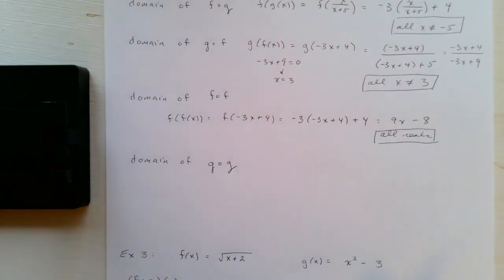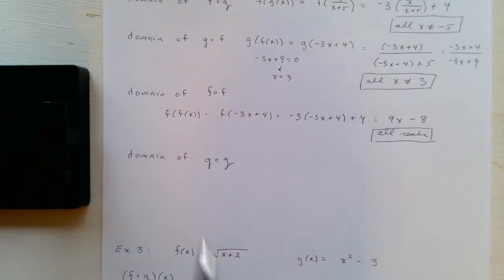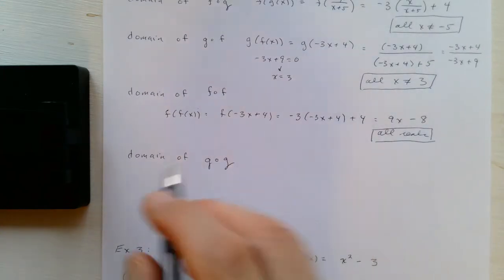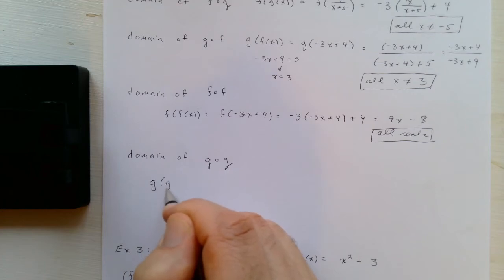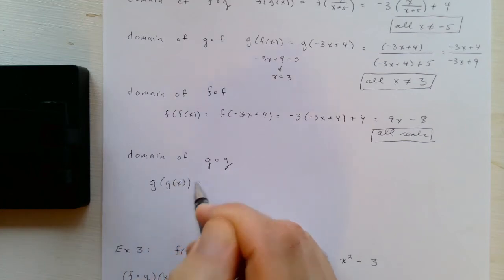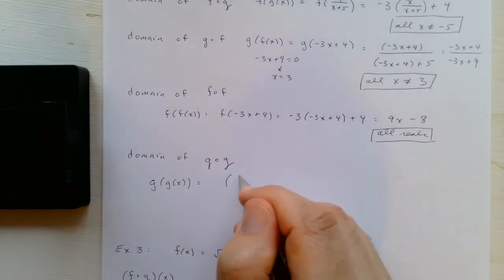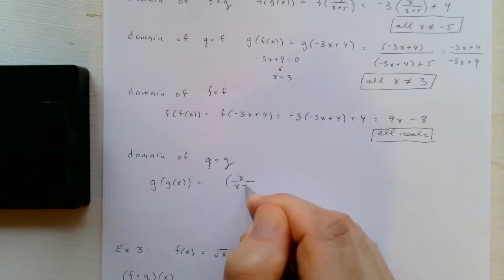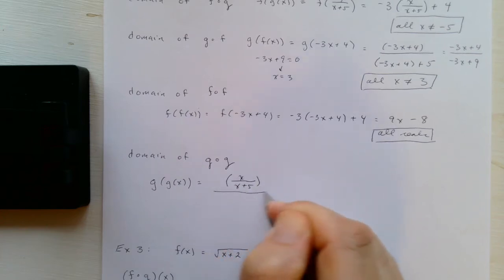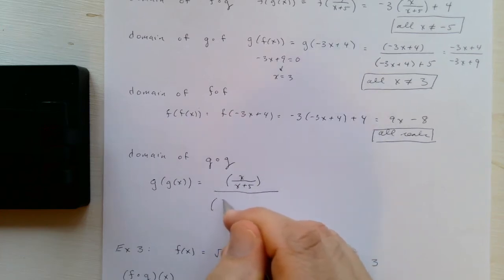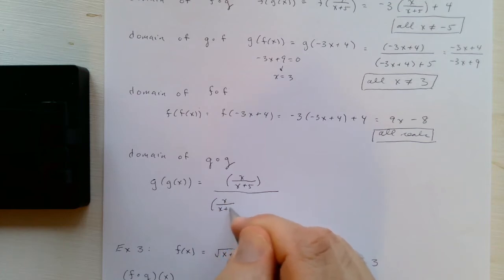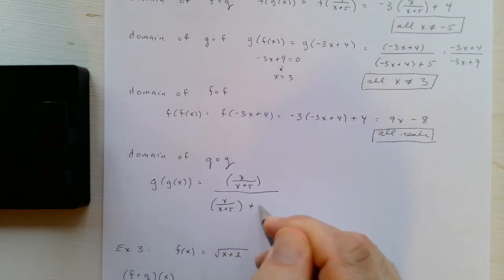Now if we take the domain of g composed with g, g of g of x, this is going to be x over x plus 5, over x plus 5 plus 5.